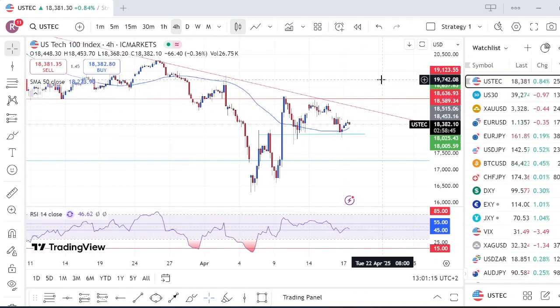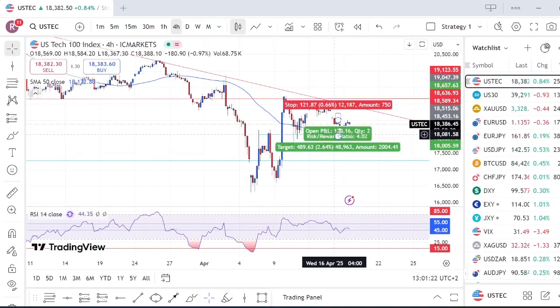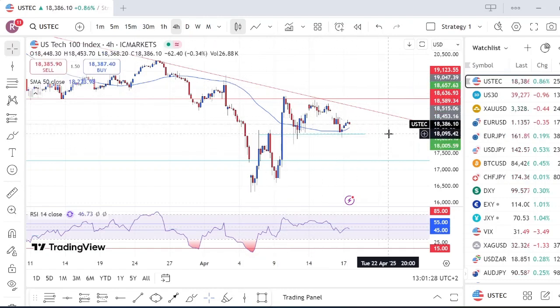However, we do have to reiterate that price is still above the 50 SMA here on the 4-hour chart. Those things are just sticking out because of lower time frames, but that's fine. Price is above the 50 SMA on the 4-hour charts, and we are currently trading above it.